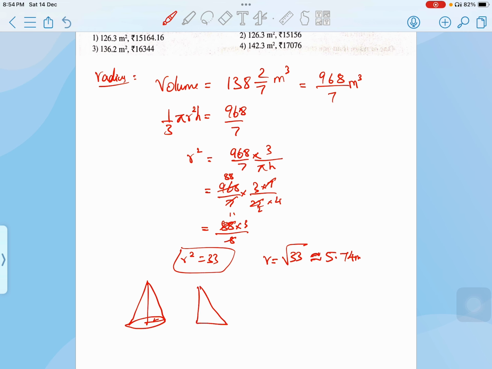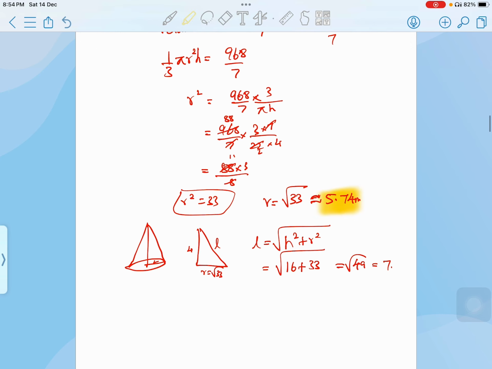If you check, your radius is root 33 and height is 4. Let's find out l. l is equal to root of h square plus r square. So h square is 16, r square is 33. So you will get root 49. So your slant height is 7. So no need to worry about this decimal value.